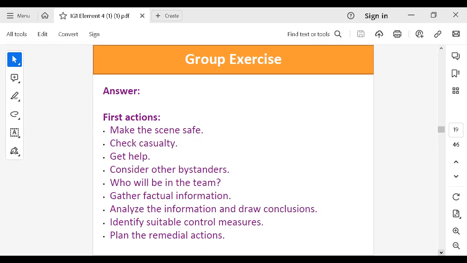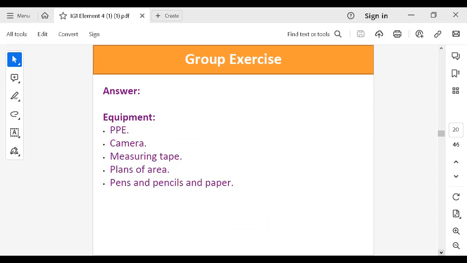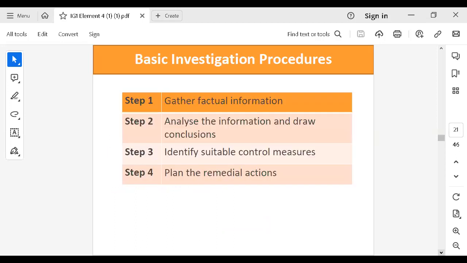Then check the casualty, get help, consider other bystanders, gather factual information, analyze the information and draw conclusions, identify suitable control measures, plan the remedial actions. Then the equipment we need: personal protective equipment, camera, measuring tape, plans of the area, pens, pencils and paper, during the investigation.